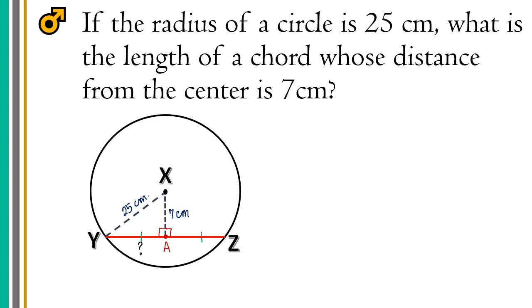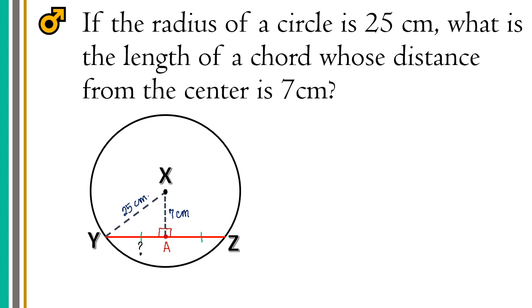And after we find the measure of this side, we are just simply going to multiply it by 2 so that we can get the measure of the entire chord. But of course, for now, let's just focus on finding the measure of half of the chord first.